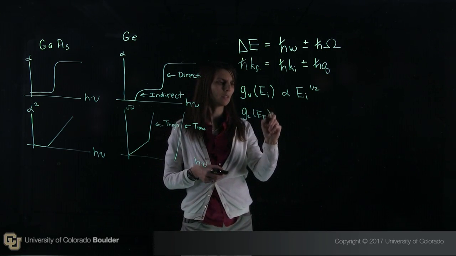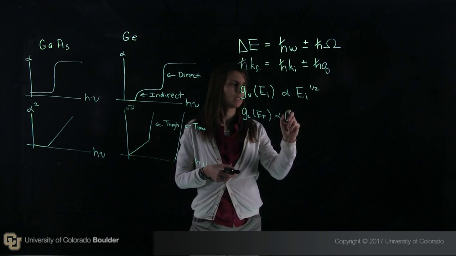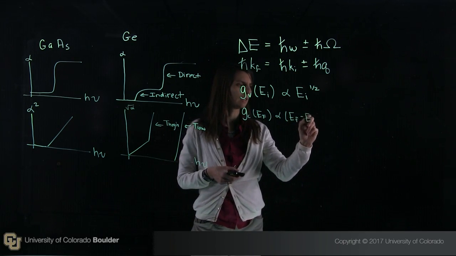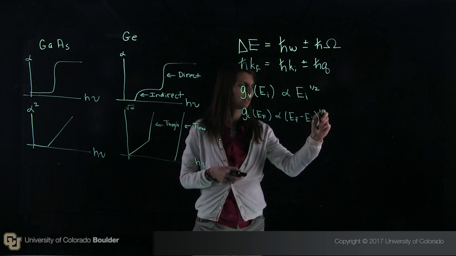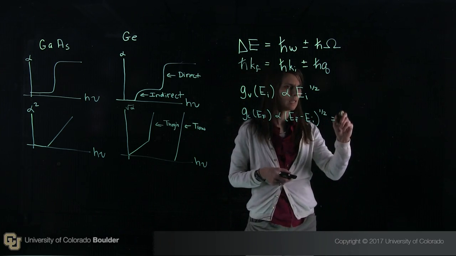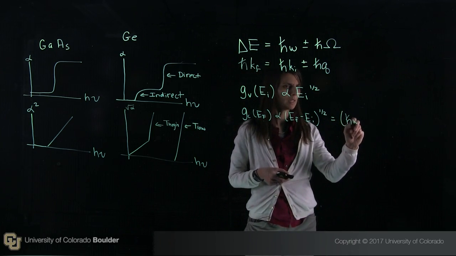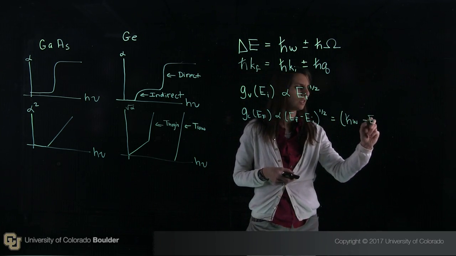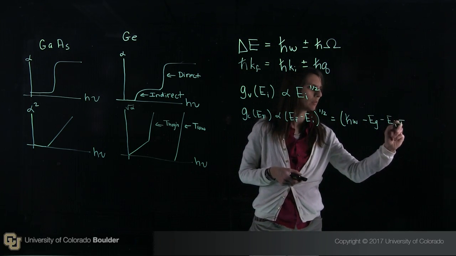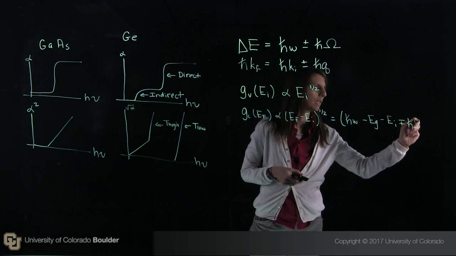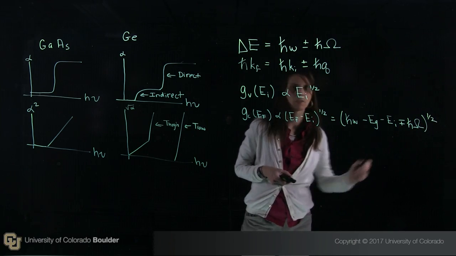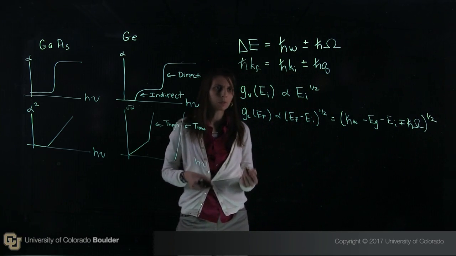This is essentially proportional to E_f minus E_i to the 1/2. This can be rewritten as h bar omega minus E_G minus E_i minus/plus h bar capital omega to the 1/2 power. So that's what's going on there.